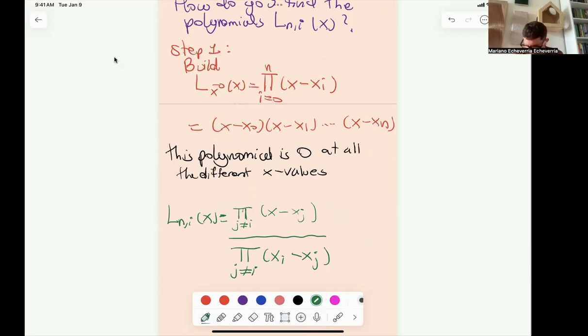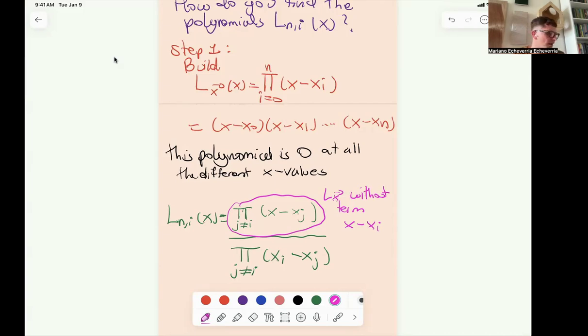What I mean is that the numerator is the polynomial L(x) without the term x minus xi. You just remove one of the terms and then divide by the value of that polynomial evaluated at xi, so that it gives you one.